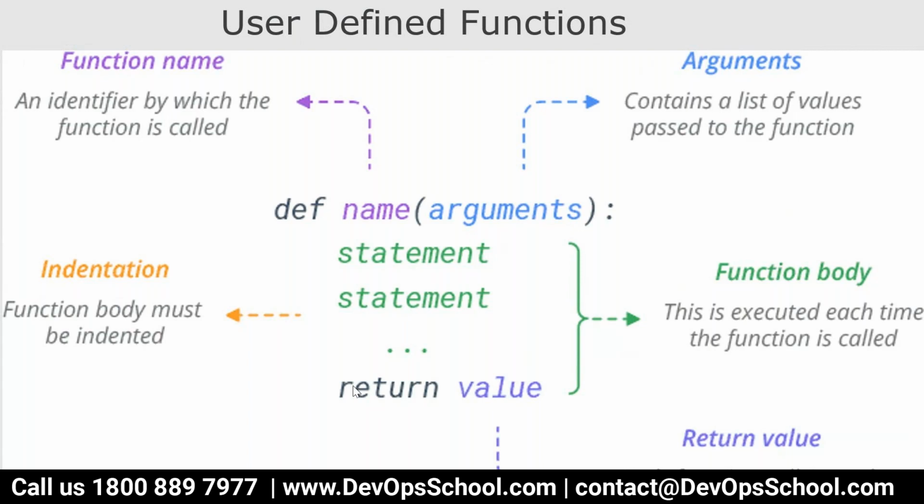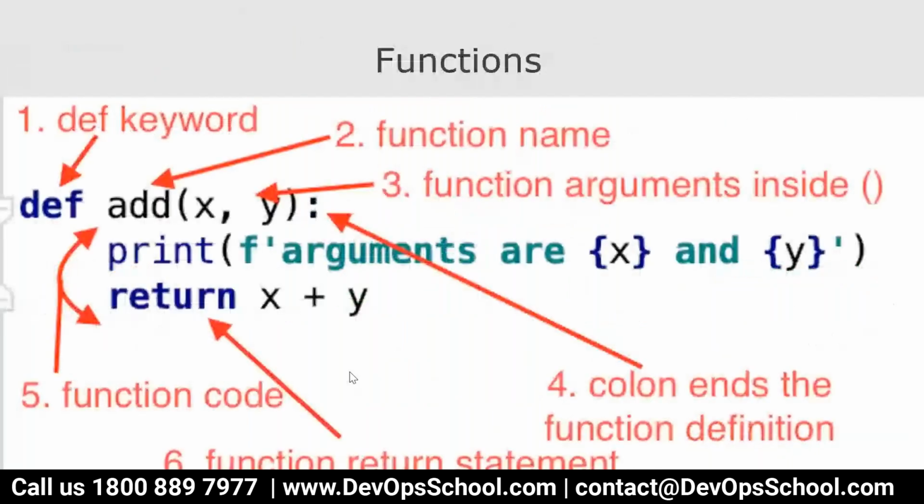So here is one example for it. Look at this here. There's one function which is called def add. The name of the function is add. Define the function, and here you are passing the two variable arguments x and y. So x and y you will send through calling the function. Here we are not calling the function, this is the function, and here x and y will print on the screen, and at the same time it will return x plus y.